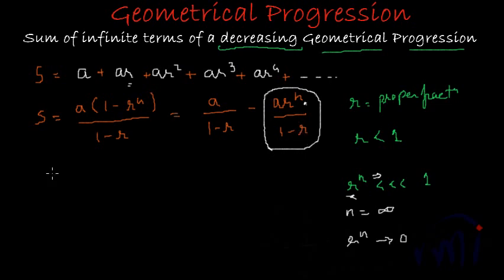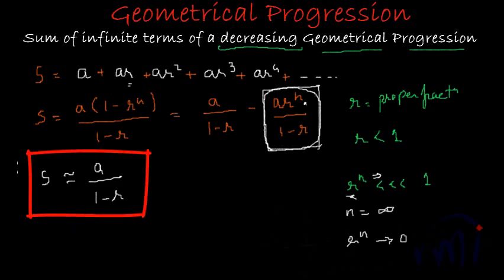So in that case, when we have an infinite decreasing geometrical progression, the sum will approximately be equal to a by 1 minus r. Why? Because this portion of the formula becomes almost equal to 0, becomes negligible. So this is the formula to find the sum of infinite terms of a decreasing geometrical progression.